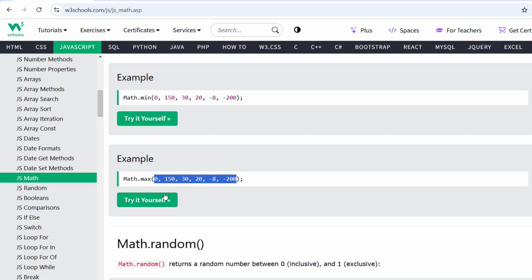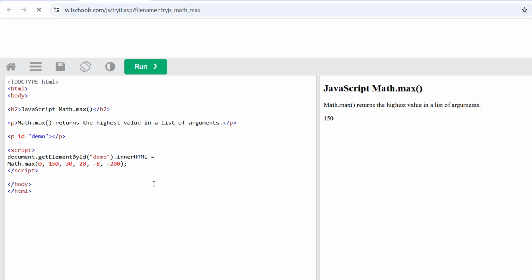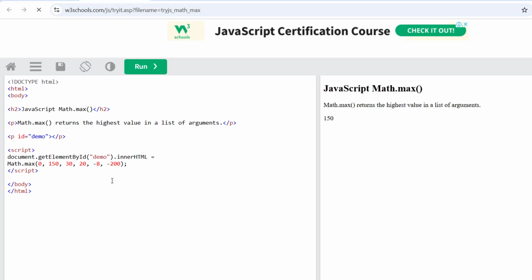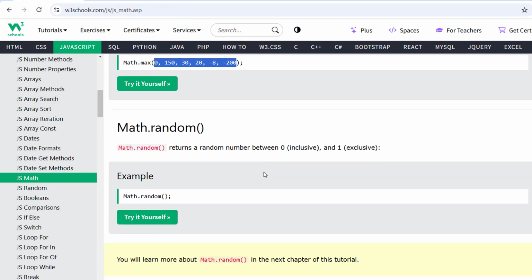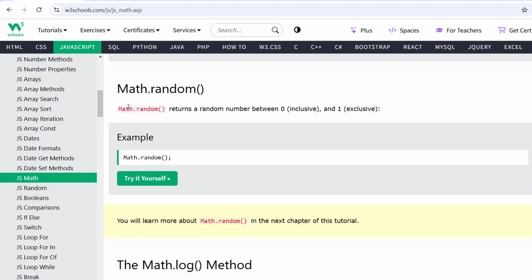Likewise, this is max. Max means it will find the highest number. So the highest number is 150. Okay, math random. They have a dedicated chapter for random. Math random gives numbers from 0 inclusive to 1 exclusive.